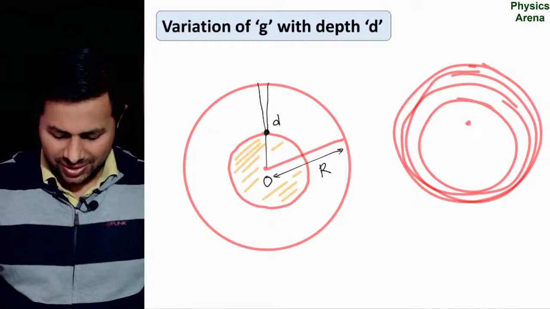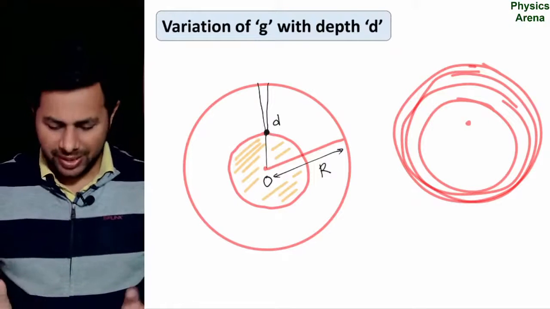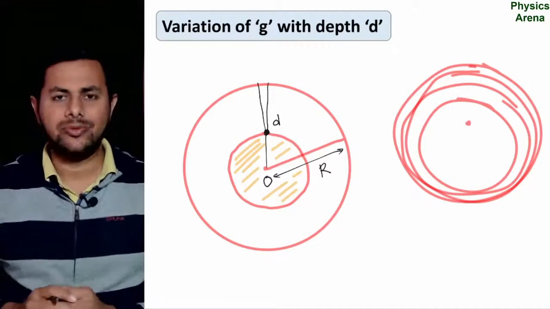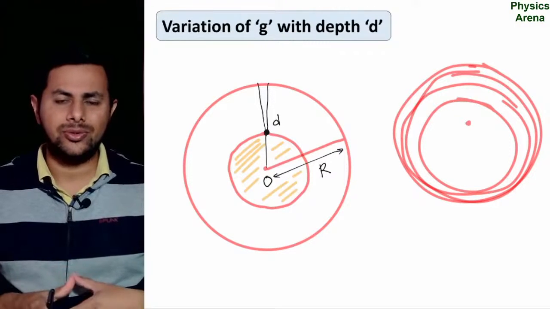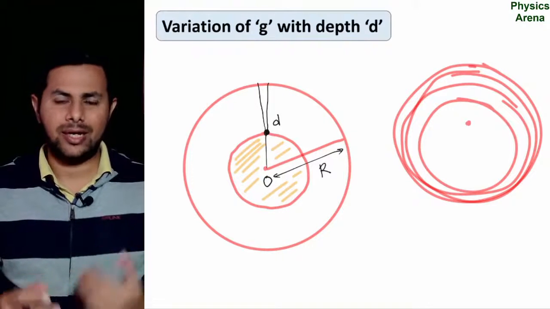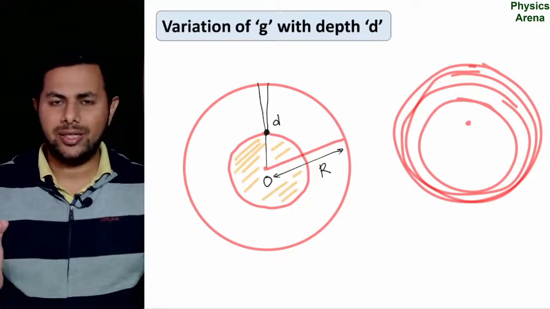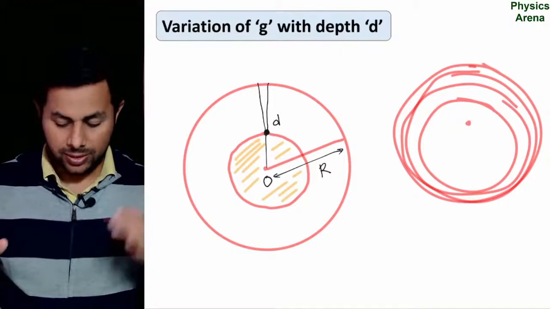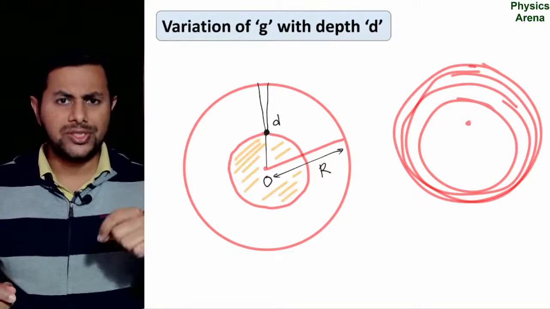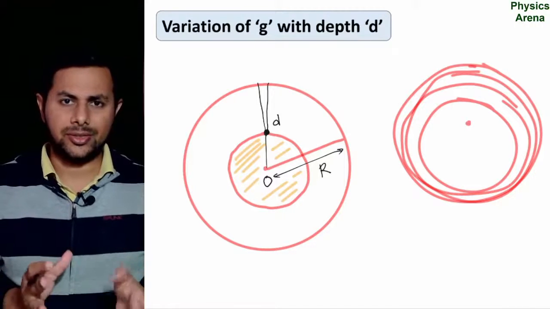So how can I justify it? In last class we discussed the gravitational force due to a spherical shell, and we saw that the gravitational force due to a spherical shell on an object which is kept inside the spherical shell is 0.